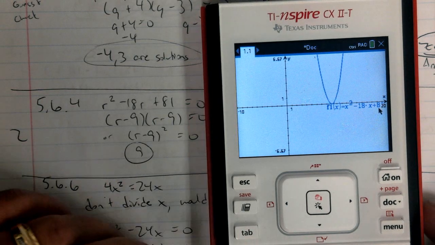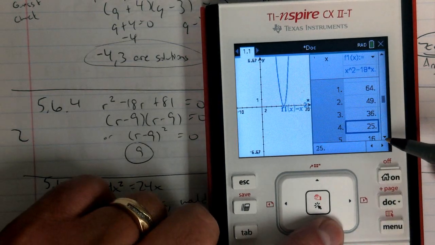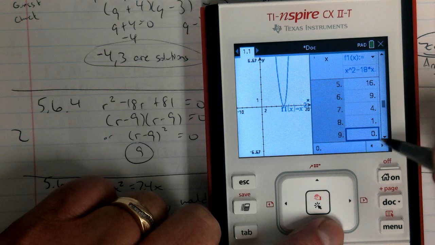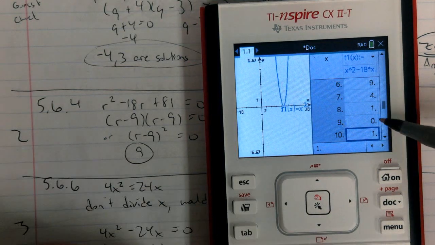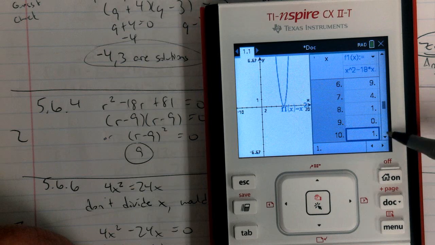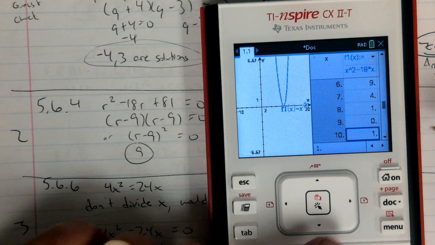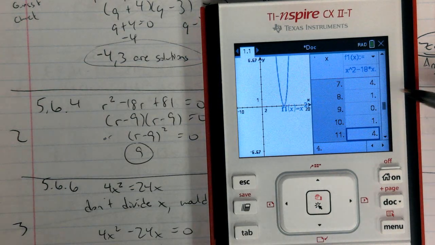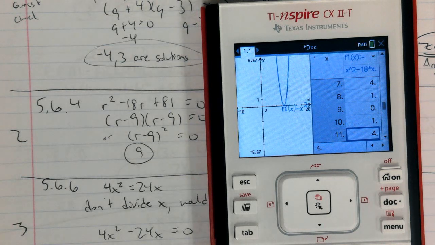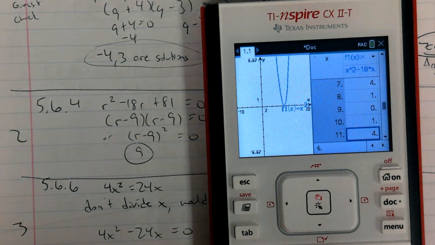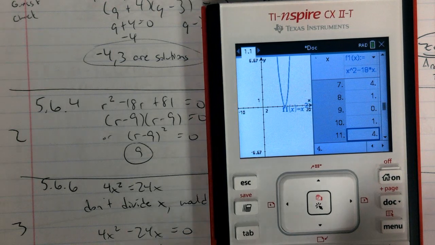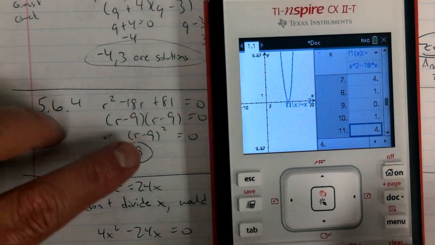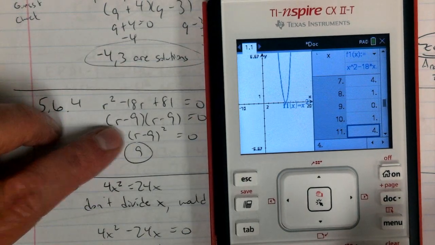And so if you go to your table, it's exactly at 9, 0. And you can see the symmetry with the 8, 1 and the 10, 1. So 9, 0 was the middle. And there your 4s match. So it's basically the same concepts we've done before. So that one just has one answer, even though it's squared.